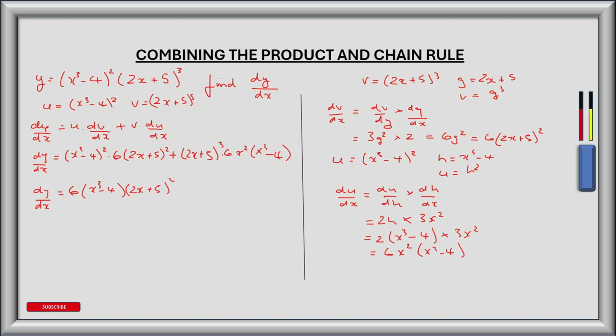And then we can multiply that into a bigger bracket of (x cubed minus 4) plus (2x plus 5) multiplied by x squared. And that's our answer.